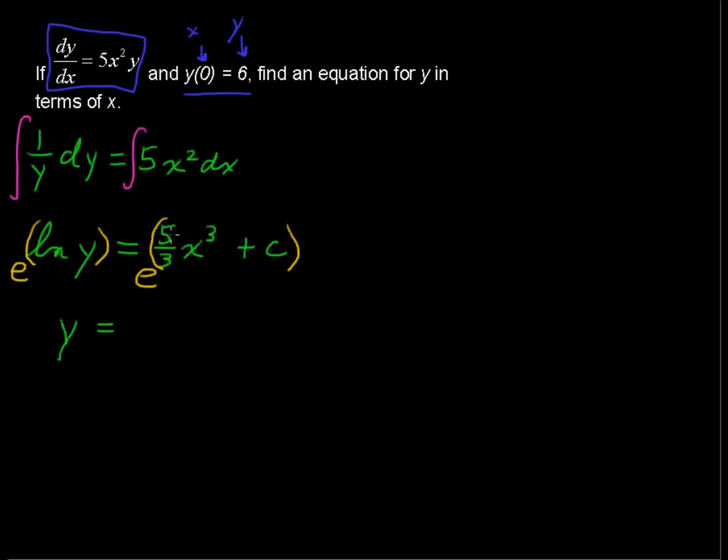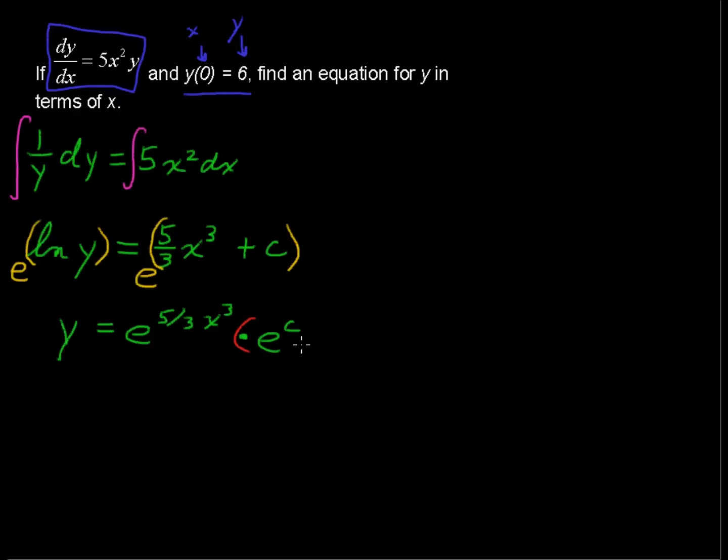Here we have e to something plus something else. Well, properties of exponents says that that is the same as e to the 5/3 x cubed multiplied by e to the c. If you multiply like bases, you add the exponents. So we see that the exponents were added, and so we can go the other way and say we are multiplying like bases, and we've got these exponents attached.